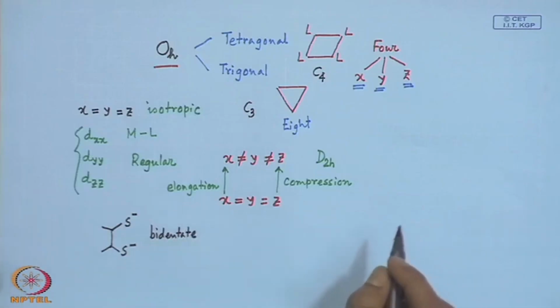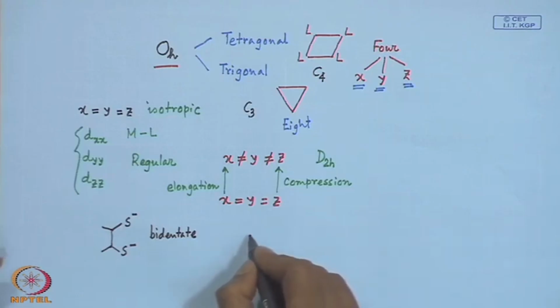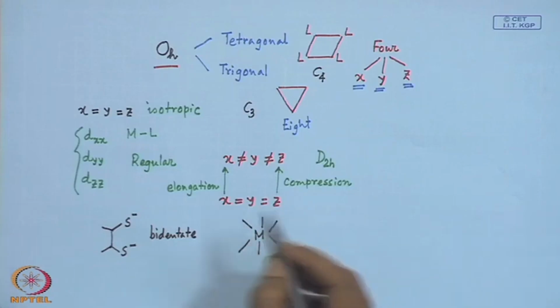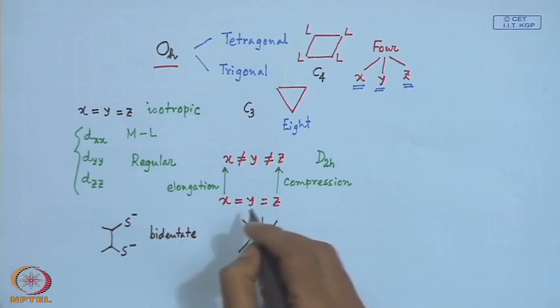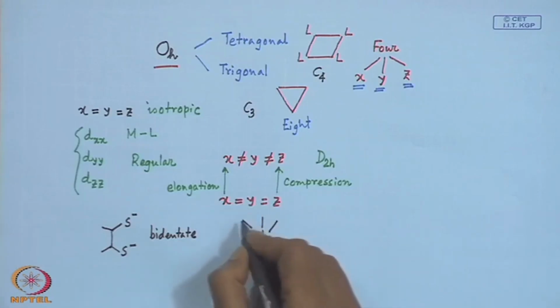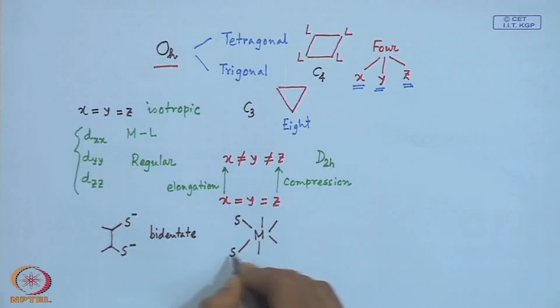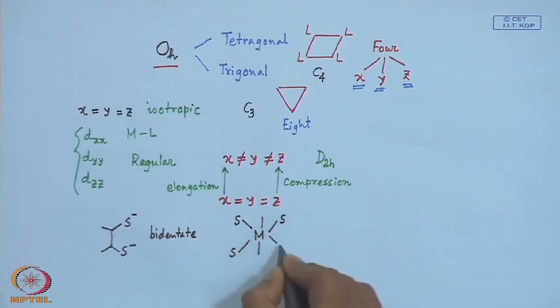And when this bidentate ligand is bound to the metal center, we get it in this form, where we find that this sulfur is there and this sulfur is there.